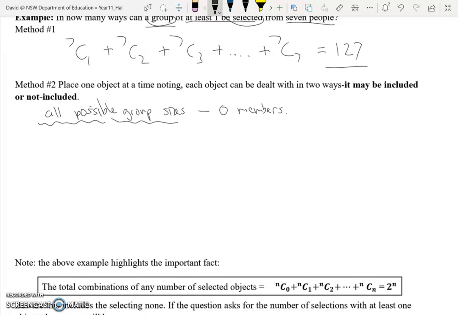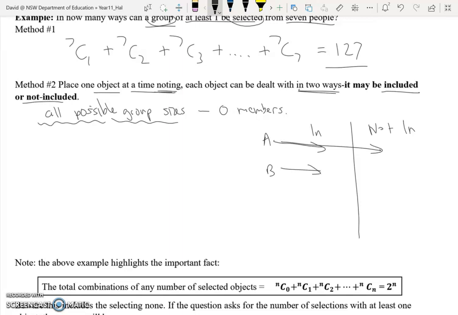So the logic behind it is we place one object at a time, and we note that each object can be dealt with in 2 different ways only. It can be included in the group, or it can be not included. So this is what you picture: you're in or you're not in. We bring the first object, maybe it's A. It's got 2 options. It can be in or not in.